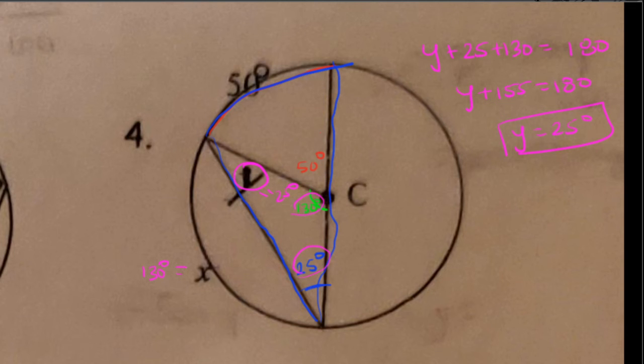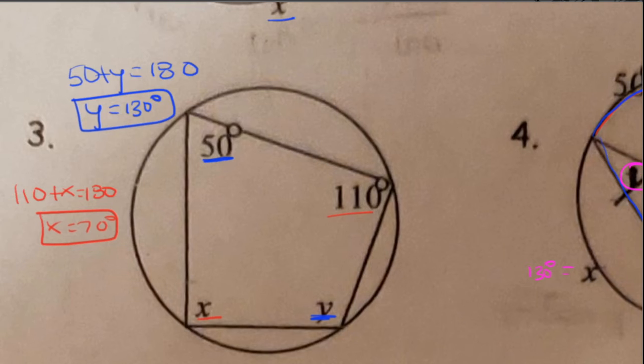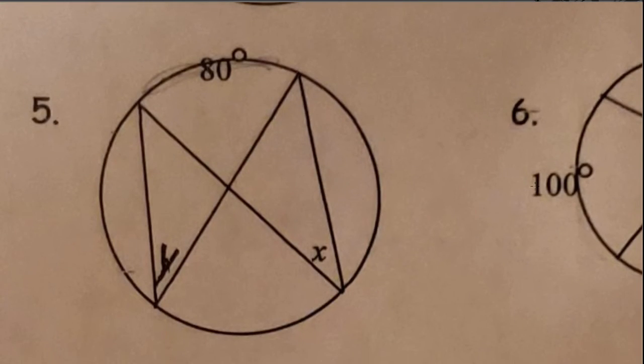Okay, let's go to number 5. Let's look at y here. That arc is 80, so y has to be half of 80, which is 40. And same thing with x.